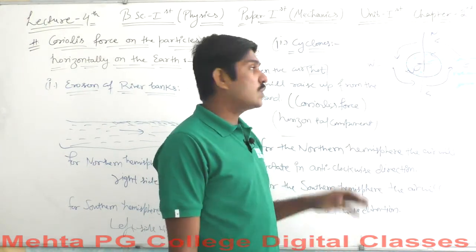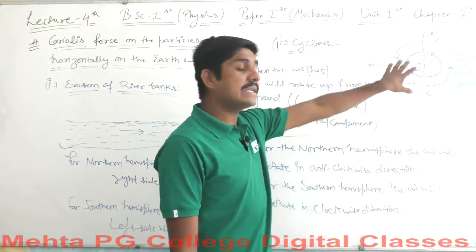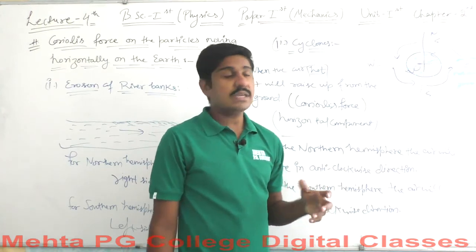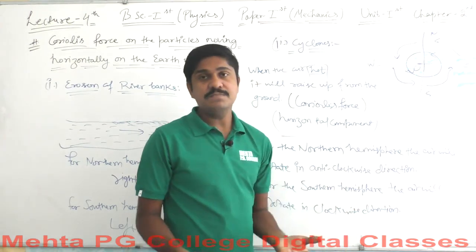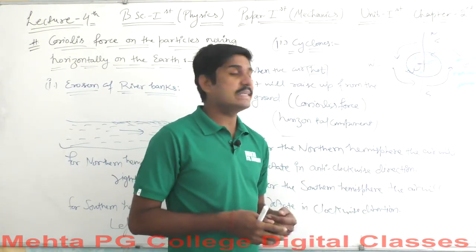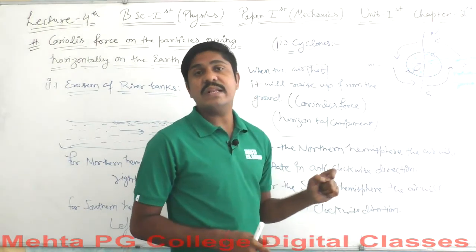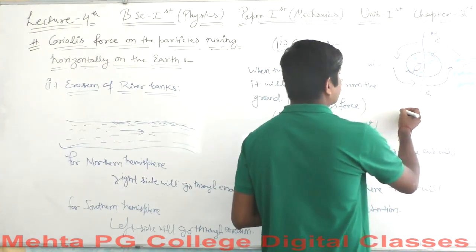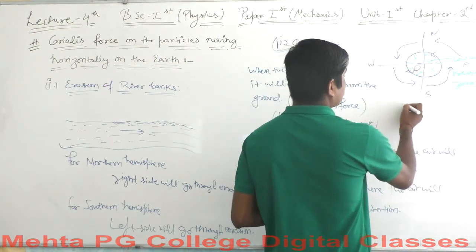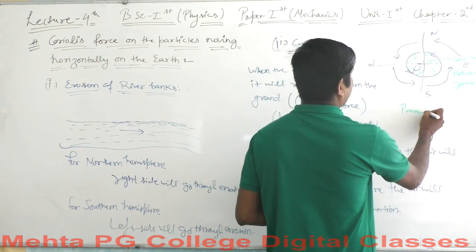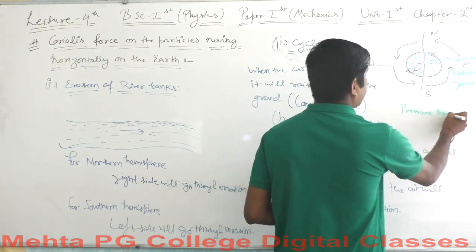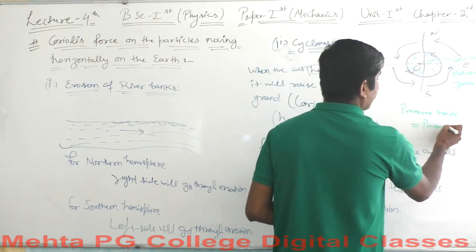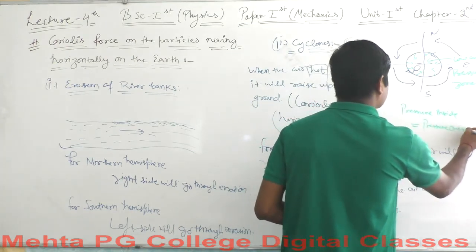So what happens exactly is when the inner pressure becomes equal to the outside pressure, this cyclone will get terminated. Okay, so this is all that happens. For the cyclone termination, the pressure inside must be equal to the pressure outside.